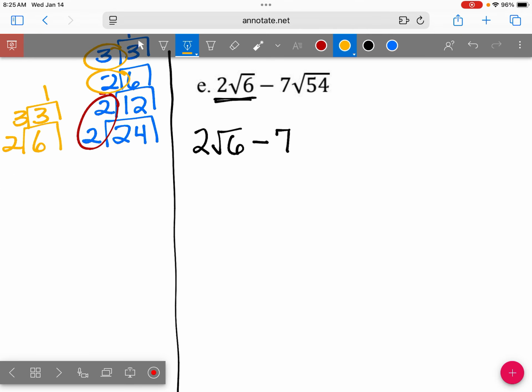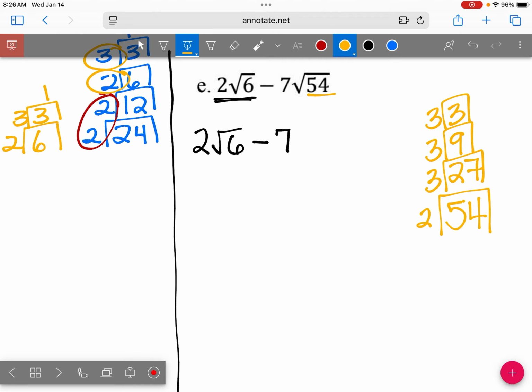With that 54, I want you to build a cake. All right, so this is my cake.